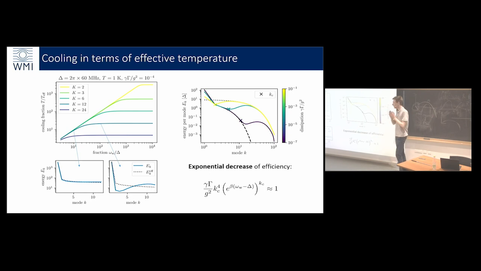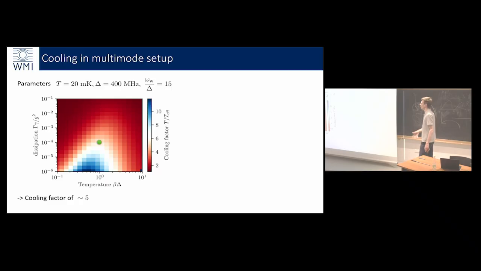So if I want to thermalize linearly more modes, I need to decrease the dissipation exponentially, which is just not possible on the platform.